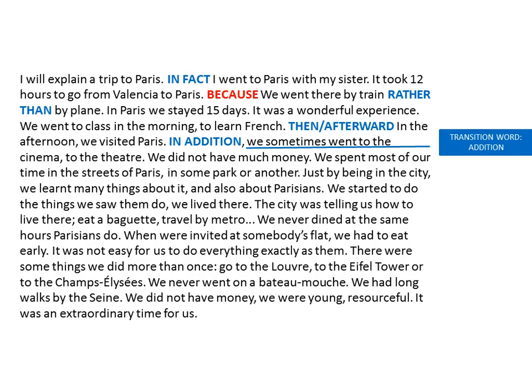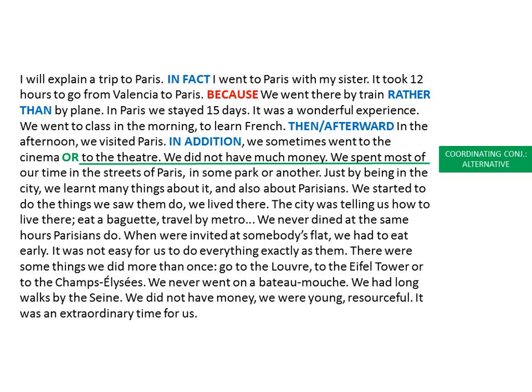In addition, we're creating a relationship of addition by uniting two things that are similar. We visited Paris, and in addition, we sometimes went to the cinema or to the theater. Here again, there is an alternative created by means of a coordinating conjunction.